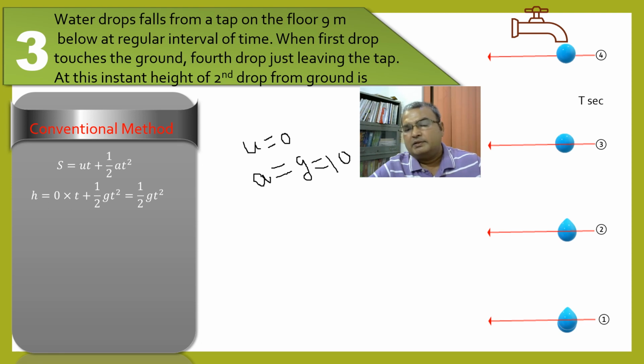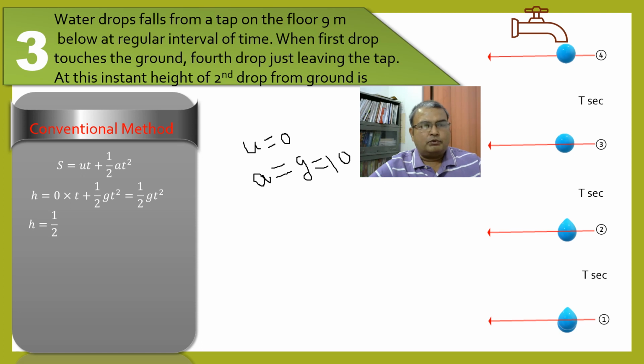Say, in between the two droplets, capital T second is the time interval, because it is mentioned the drops are falling at regular intervals. Means the total height traveled by the first drop is in the time t plus t plus t, 3t.